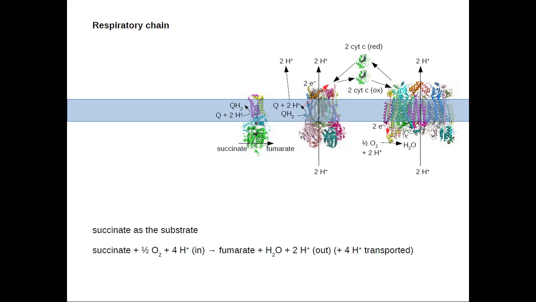The result of this is that only 4 protons are being transported. Here we got 6, but you have to subtract these 2 protons, so at the end 4 protons are being transported.